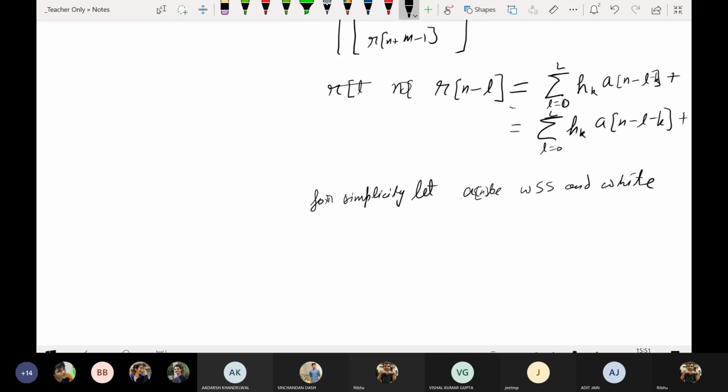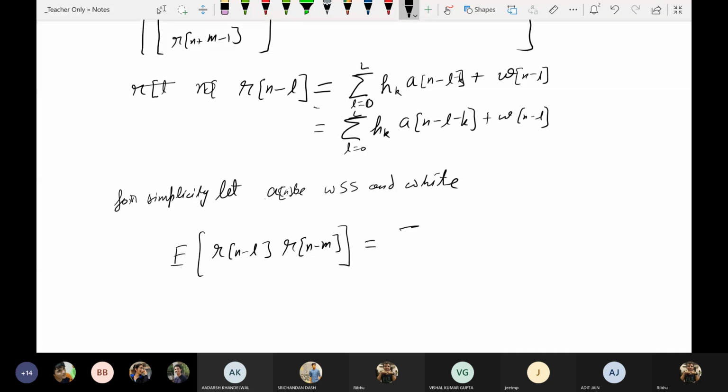So in that case, expectation of R n minus L, n minus m equals summation over L equal to 1 to capital L, K equal to 1 to capital L. Sorry, this should be K. Sorry, 0. HK, one of these should be P.